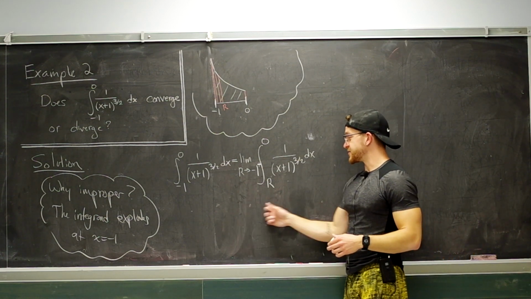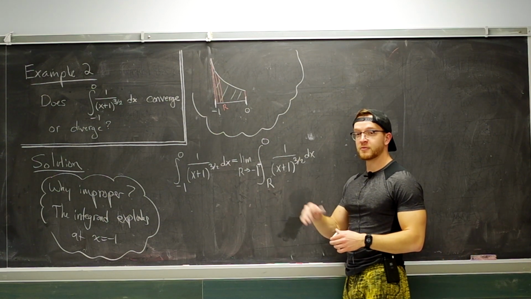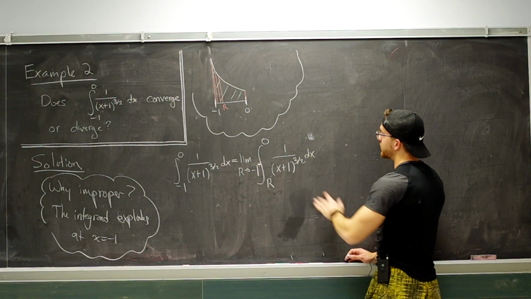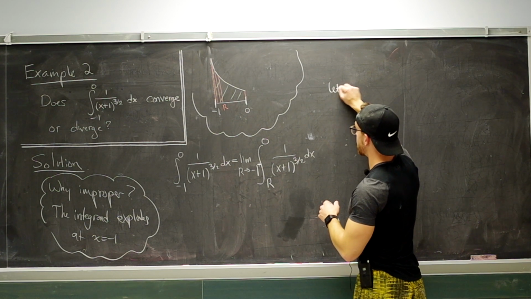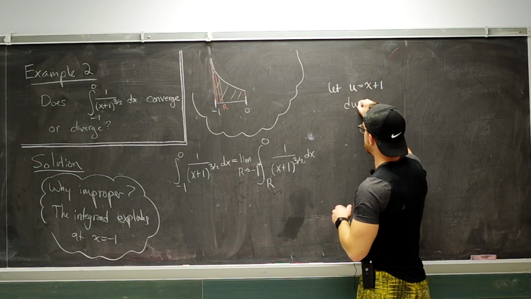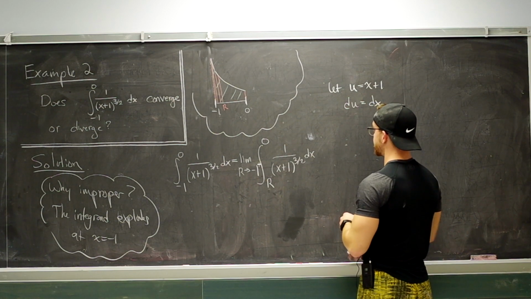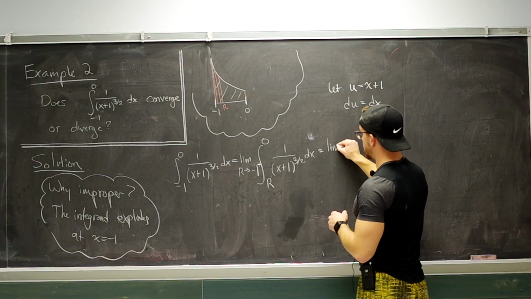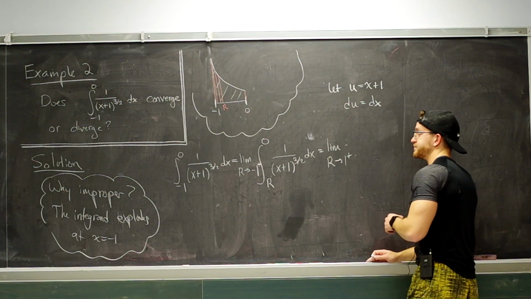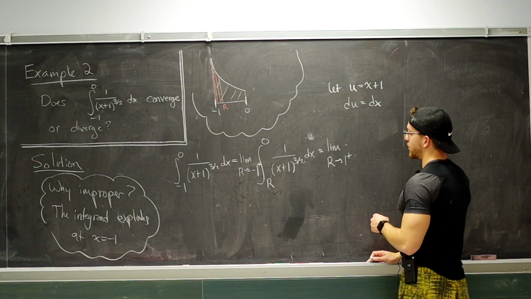Other than that, nothing's different. We proceed just as we did before. We have an integral to do. Also, just like before, this can be integrated with a u substitution. So I would say, in this case, let me let u be x plus 1. du is dx. How does this transform?